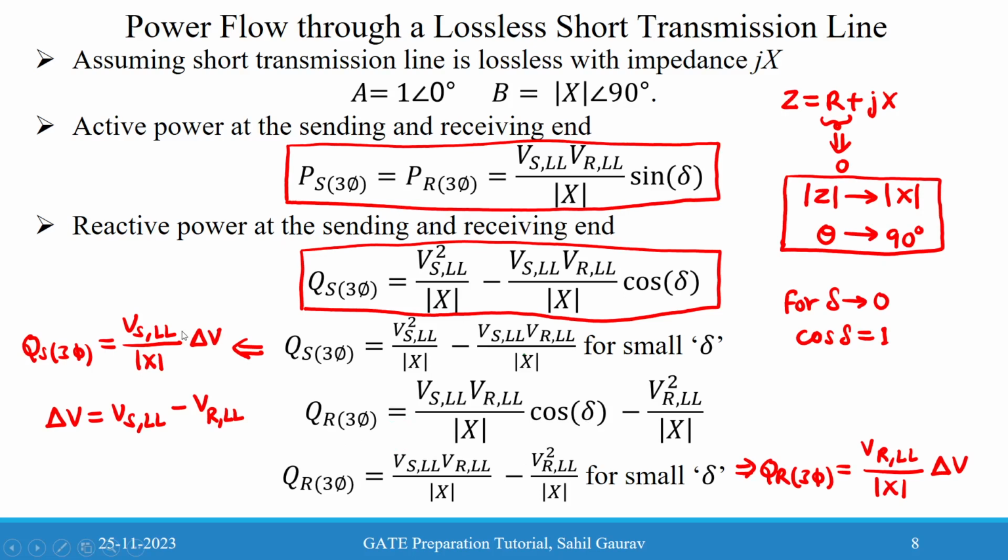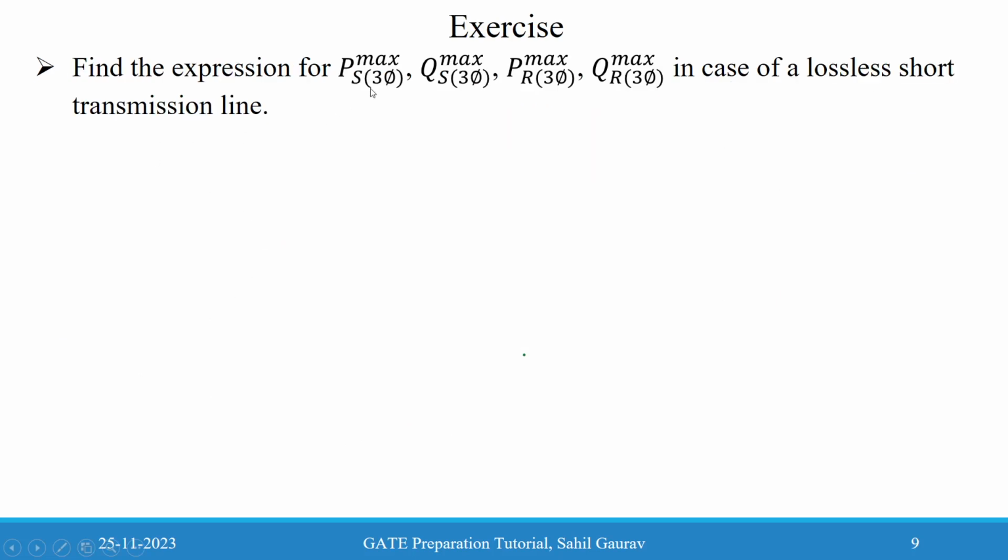Now let us see the same case. Find the expression for PS active and reactive power, sending end and receiving end, in the case of a lossless short transmission line.